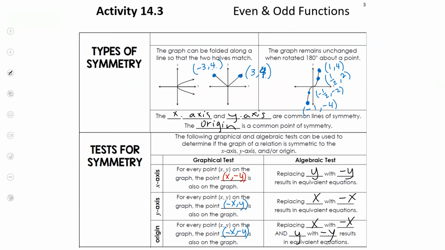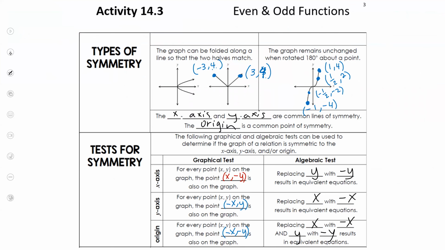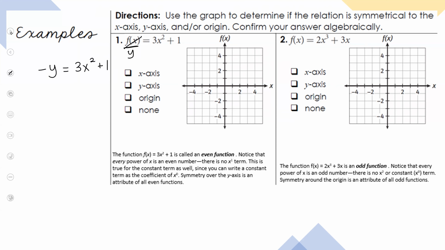Okay, so let's test that and see. Because remember f of x is just y. If I replace it with just a negative y and I still have the same equation, that means it is symmetrical about the x-axis. So let's see if that's true or not.